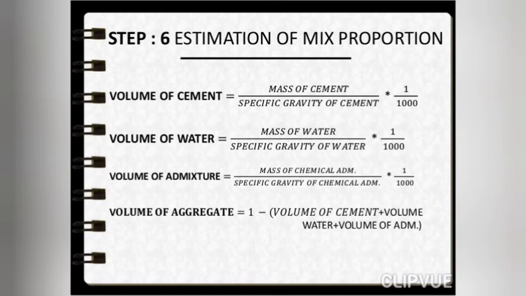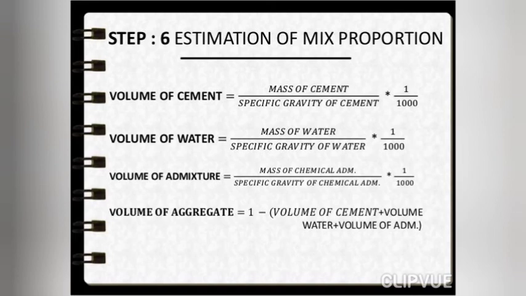Next step is the estimation of mix proportion. The volume of cement is equal to mass of cement divided by the specific gravity of cement into 1/1000. The volume of water is equal to mass of water divided by specific gravity of water into 1/1000.